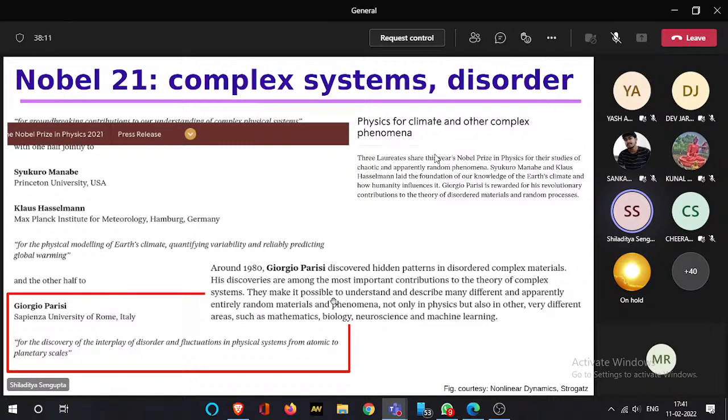They make it possible to understand and describe many different and apparently entirely random materials and phenomena, not only in physics but also in other very different areas such as mathematics, biology, neuroscience, and machine learning. So this is an example of the scope of influence of condensed matter physics on other areas. This is the citation quote from the Nobel citation.